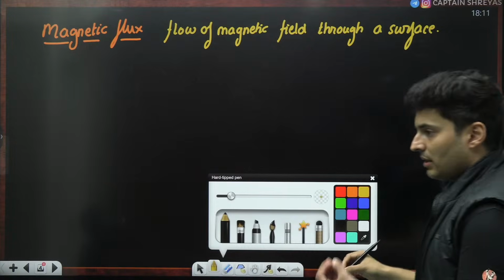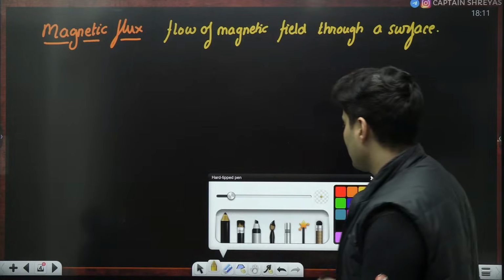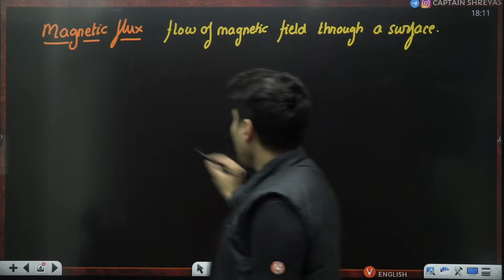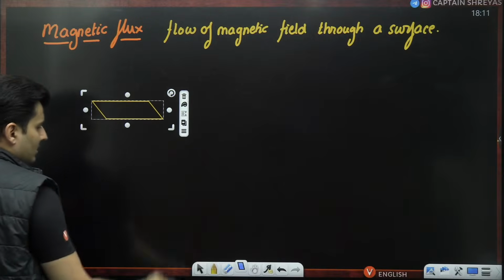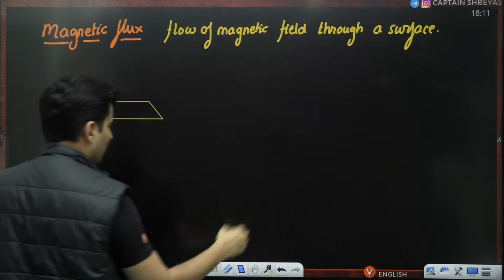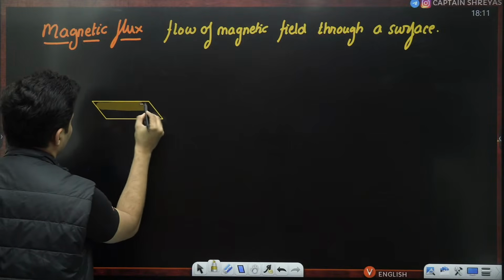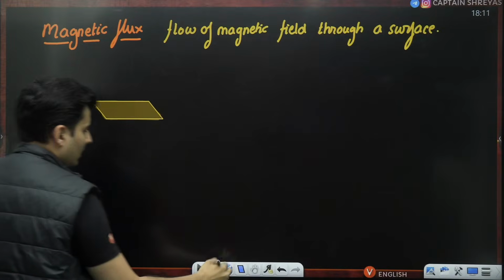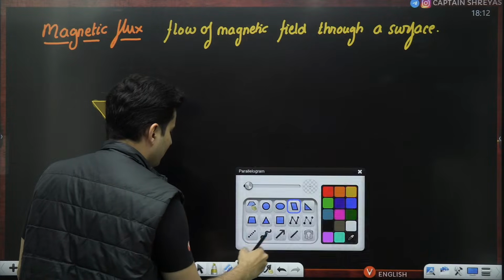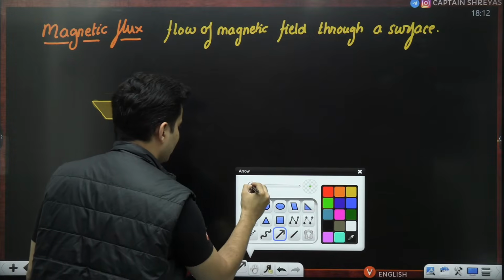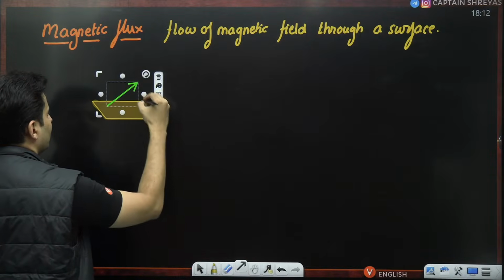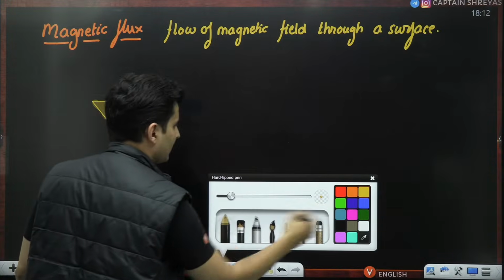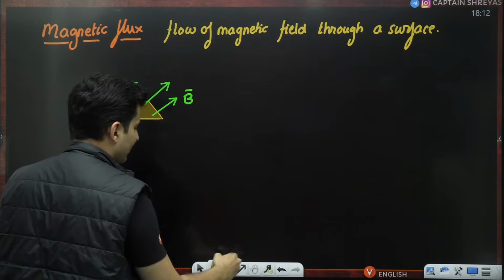So there are two ways about it. One is when the field is constant and the surface is flat, then it is a very straightforward thing. Say this is your surface, which is pretty much flat, and let's say there is a magnetic field passing through it, cutting through it like this.